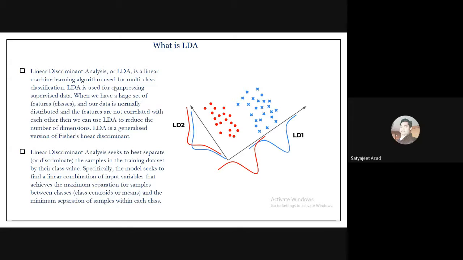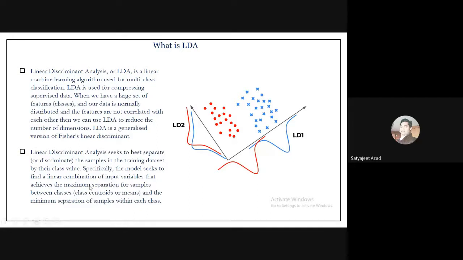Linear discriminant analysis seeks to best separate, or discriminate. This is the important word. It discriminates the samples in the training data set by their class value. Specifically, the model seeks to find a linear combination of input variables. Obviously LDA will give you some coefficients.